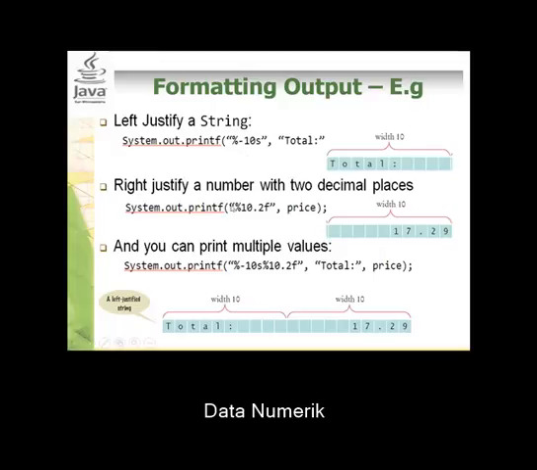So it basically describes here what formats we'd like to use, and we can even combine the formats into multiple formats here. So you can have multiple values to be printed. For example, you have %10s and %10.2f.